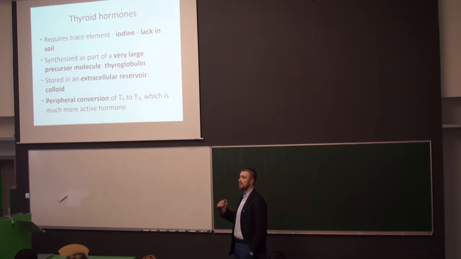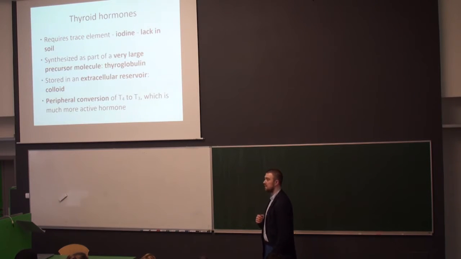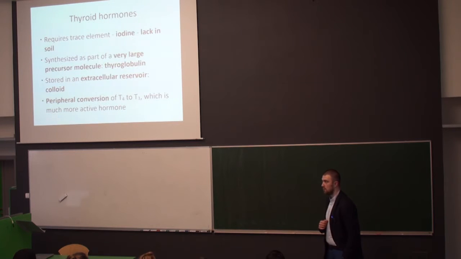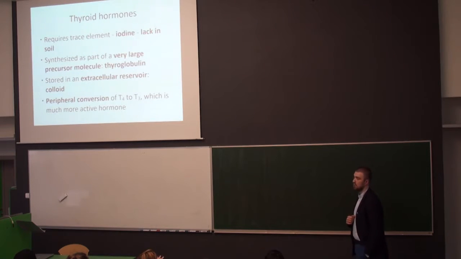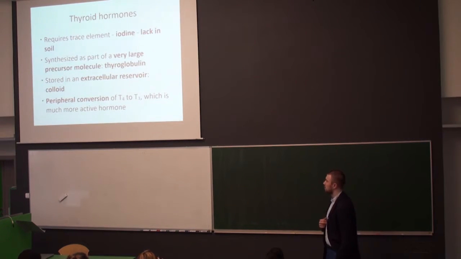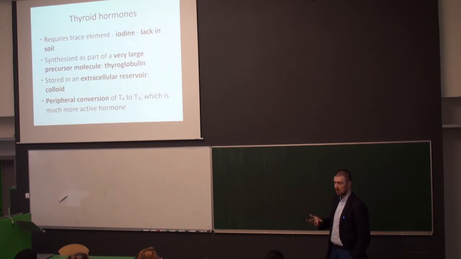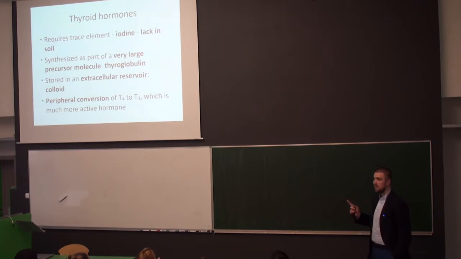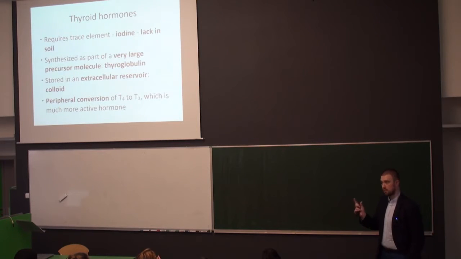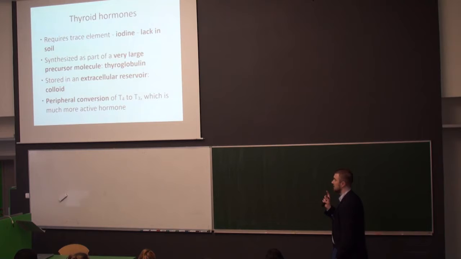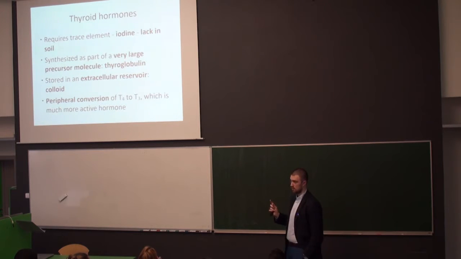First is that this signaling molecule must have a trace element. If you look at catecholamines, you need tyrosine. If you look at GABA, you need glutamate. So typically amino acids. But here you must have the organic molecule plus the iodine, that means the trace element.